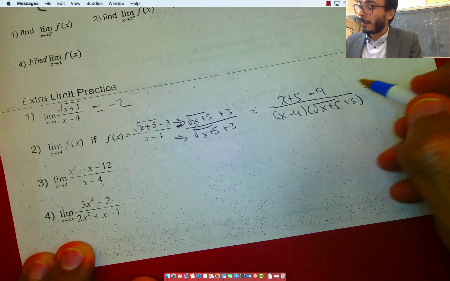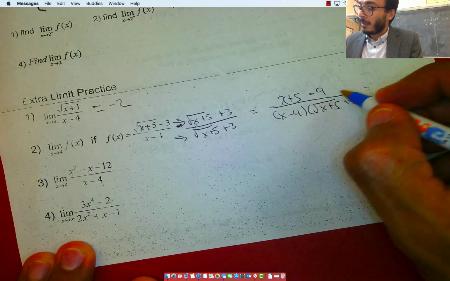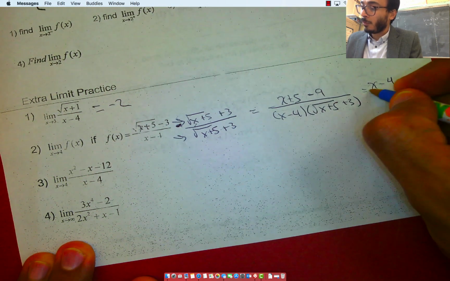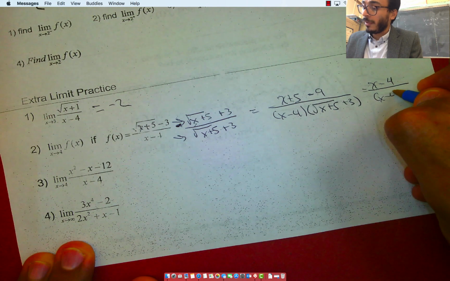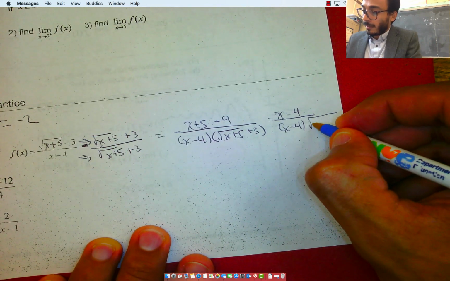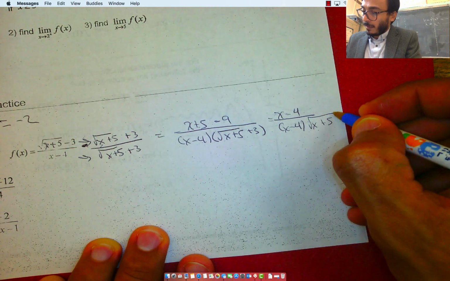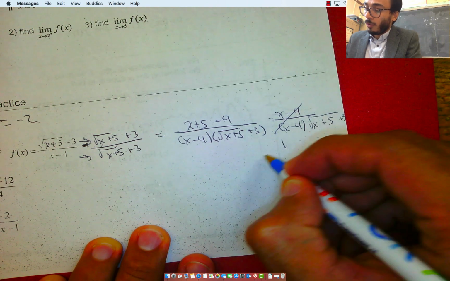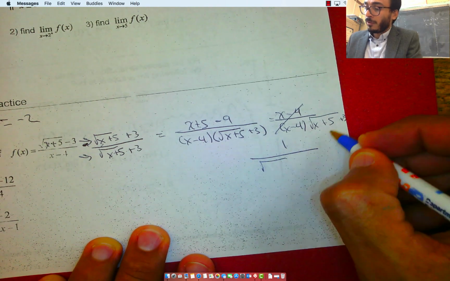So then I'm going to have this 5 minus 9, that's -4. So then you can see how that's going to cancel out with that one. And then here I have rad x plus 5 plus 3. So these cancel. So I get 1 over rad x plus 5 plus 3.